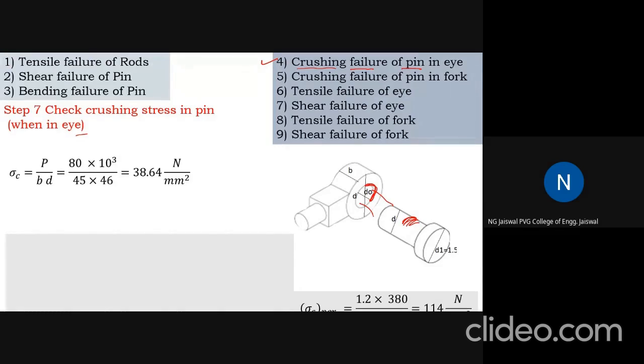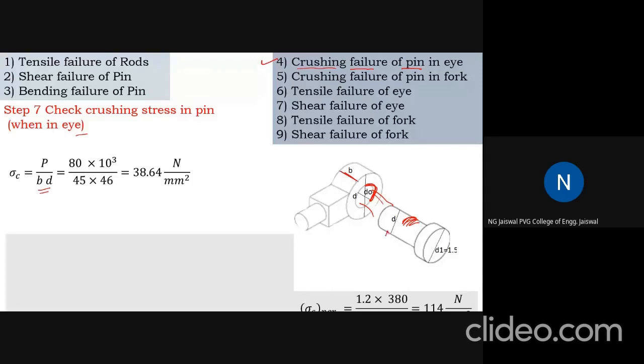So therefore, sigma c, that is crushing stress, will be equal to force upon area. Which area now? Remember, this area is, as we discussed earlier, the area under projection. So if this part is in contact with this one, B length will be in contact.